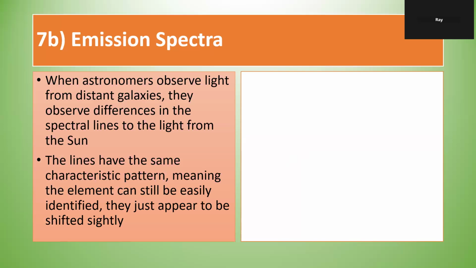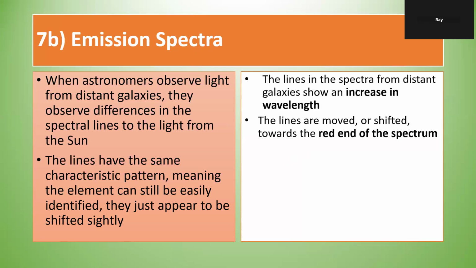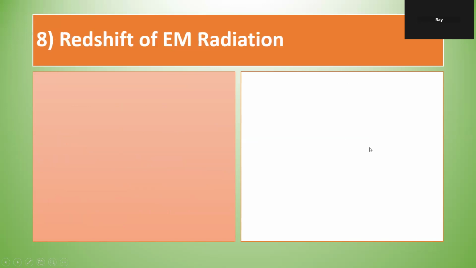The lines have the same characteristic pattern, meaning the element can still be easily identified. They just appear to be shifted slightly. The lines in the spectra from a distant galaxy show an increase in wavelength. The lines are shifted towards the red end of the spectrum.